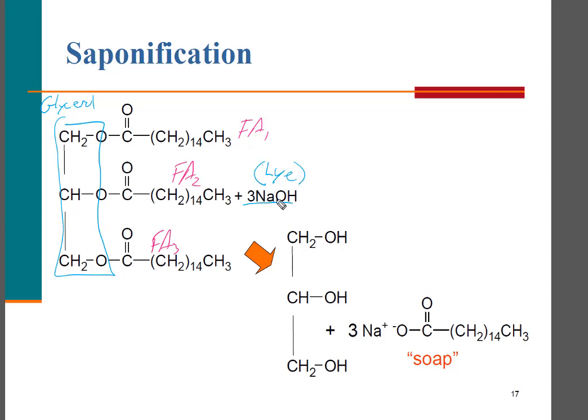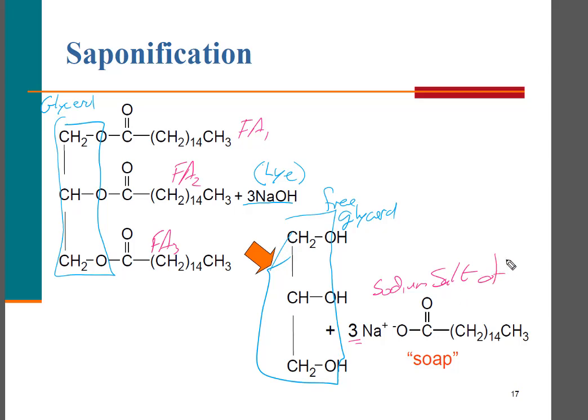So lye soap is simply soap that used sodium hydroxide. And you get the glycerol back. This is just free glycerol. It's not esterified anymore. And they put the stoichiometry in here, plus 3 fatty acids that are the sodium salt of that fatty acid. So this is the sodium salt of the fatty acids.